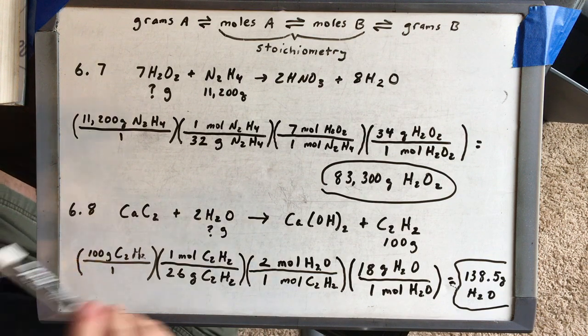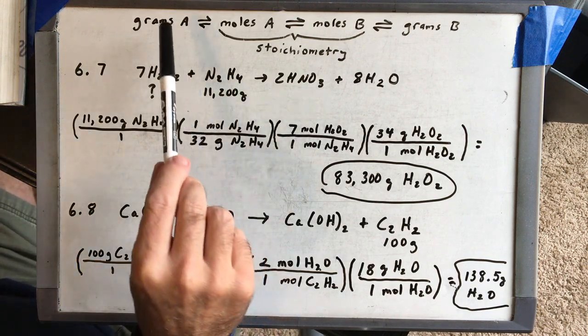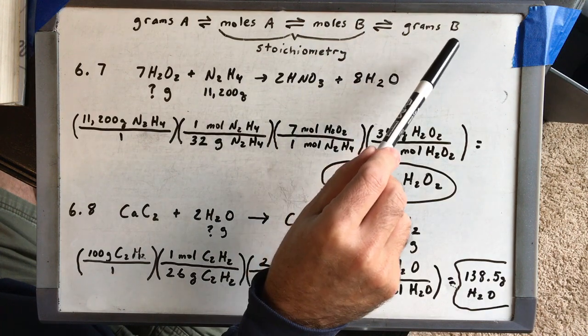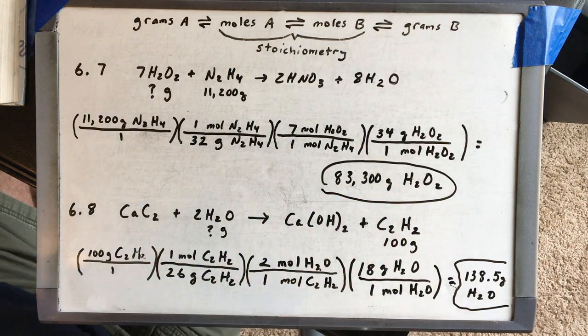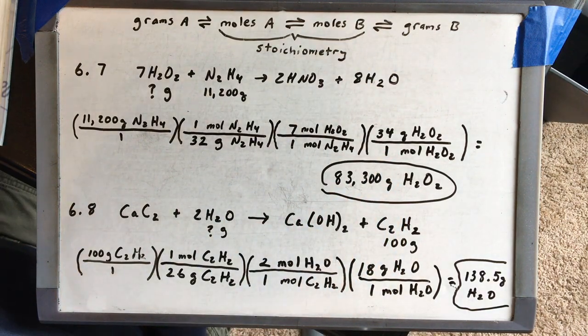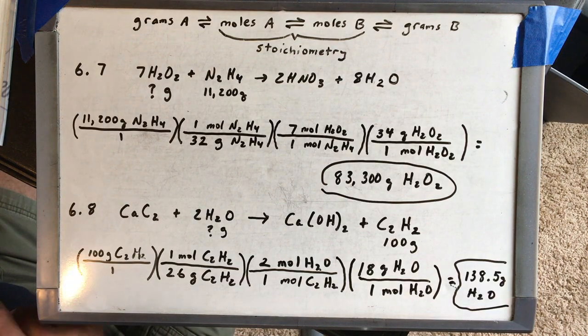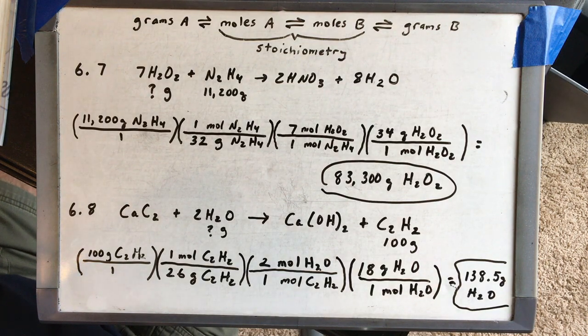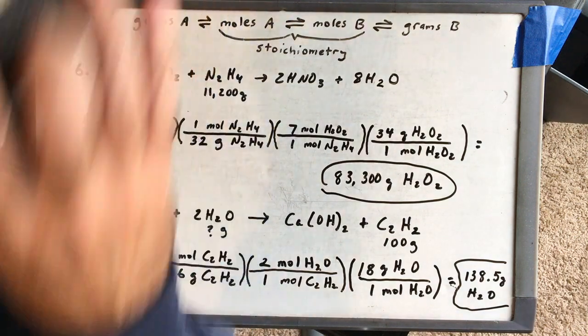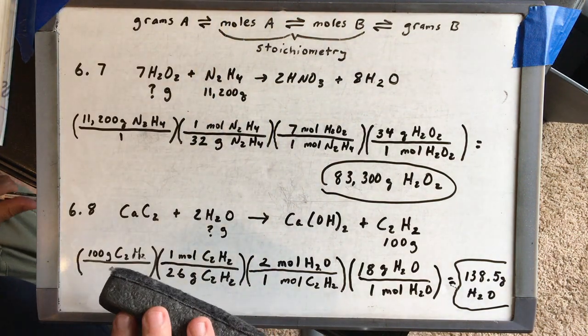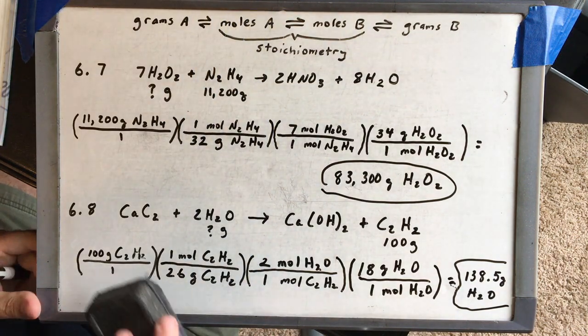Okay, so those are our 3 stoichiometry examples where we're going all the way from grams of one substance to another substance. Okay, so to finish up this lecture, I want to talk about empirical and molecular formulas, and we are on page 5 in the notes, so right beneath 6.8 that you just worked.